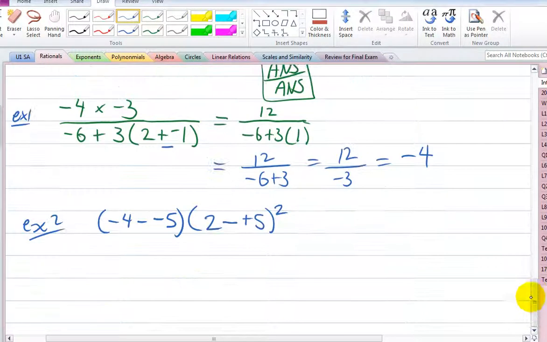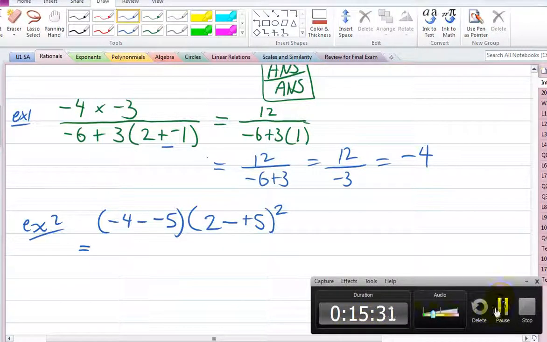Okay. For this one, definitely work down, much easier. I'll give it a shot. Go.